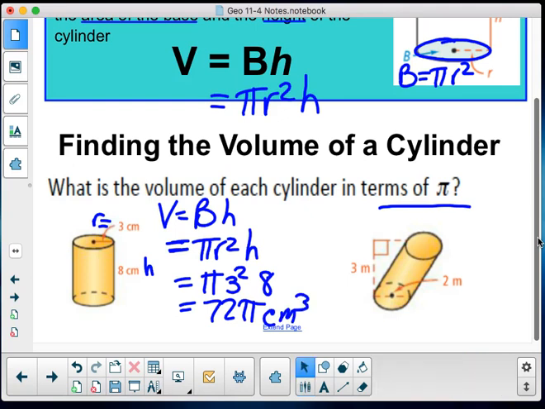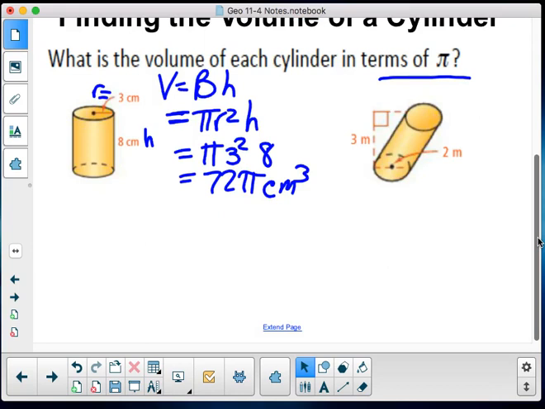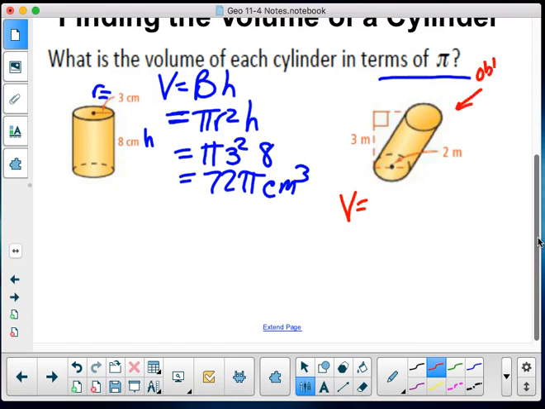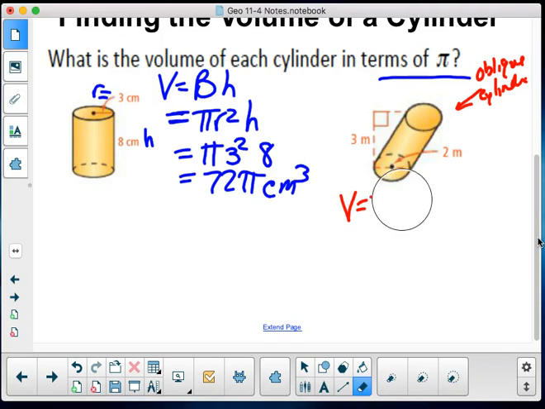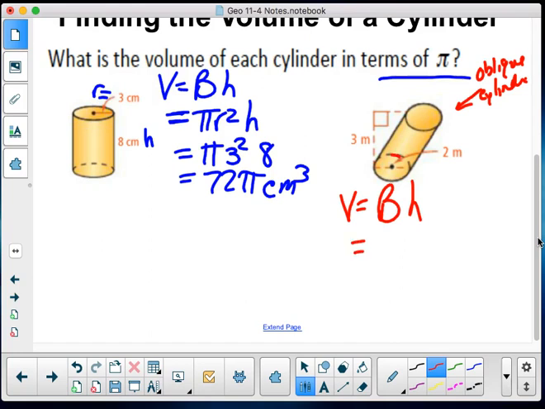Now, you know what's really cool, what's outstandingly awesome about volume? The volume of an oblique shape. Like this oblique cylinder. The volume on this is still area of base times height, and that base area looks awfully circular.